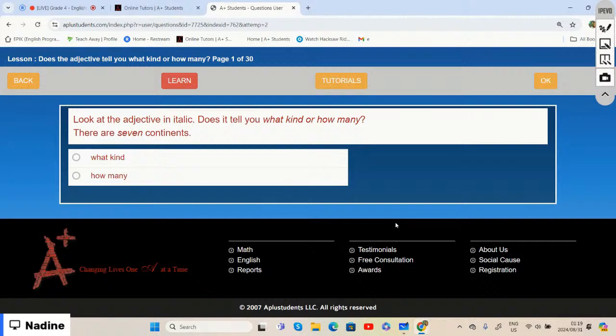It says, look at these adjectives in italics. We need to say, does it tell you what kind or how many? There are 7 continents.